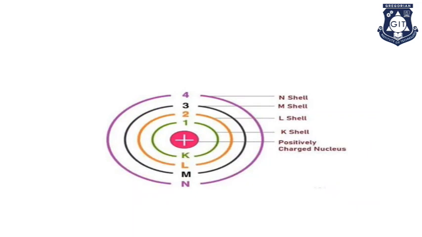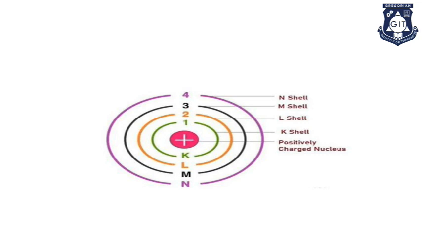This is a diagrammatic representation of Bohr atom model. In the center we have the nucleus, the positively charged nucleus with the protons and neutrons. The very first shell in green color denotes the K shell with principal quantum number n is equal to 1. The second shell, the orange colored shell, is the L shell with principal quantum number n is equal to 2.